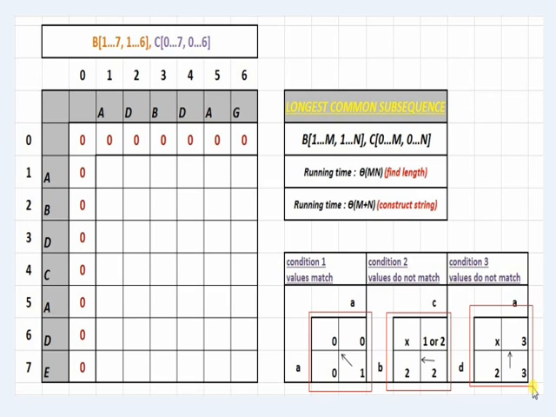We are going to match one of these conditions to find the value for each cell. Whenever we are at this location, we consider the values of these cells 1, 2 and 3. When we are at this location, we consider the values of these cells. I hope I'm clear with this.